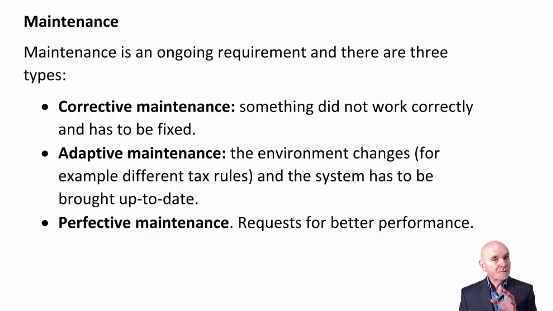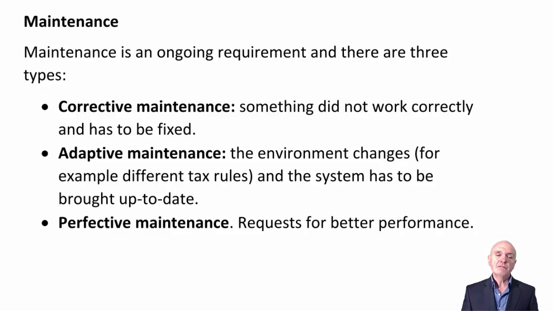And then the one you need to be careful with is perfective maintenance. This is where the software works okay, but people would like it to work better, to produce different reports, to work maybe slightly quicker and so on. But remember, this may be people asking for small improvements, which might be very expensive to put through.